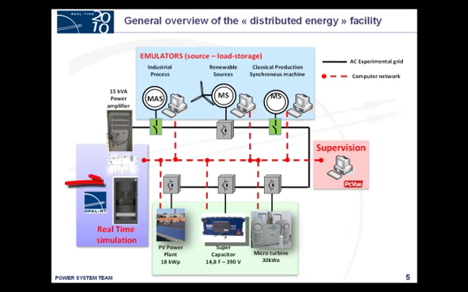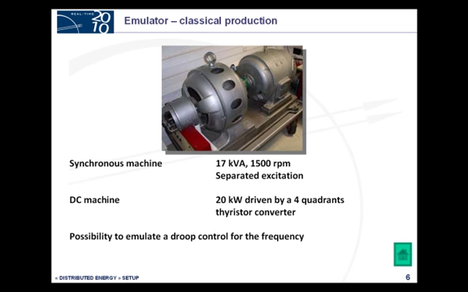So to illustrate that facilities, I'll just show you some equipment we have here. So we have an emulator of classical production, which is an old synchronous machine driven by a DC machine. And you have the possibility to emulate a group control for the frequency.